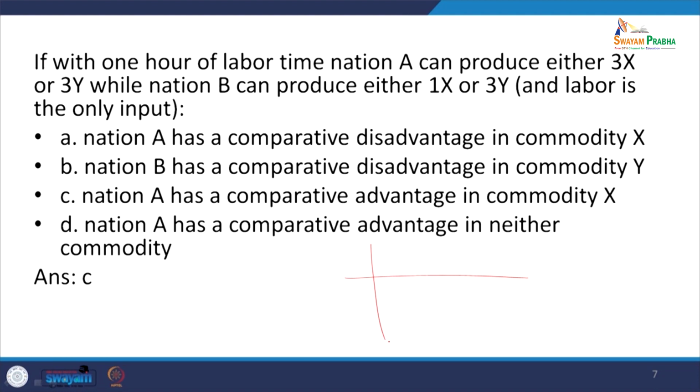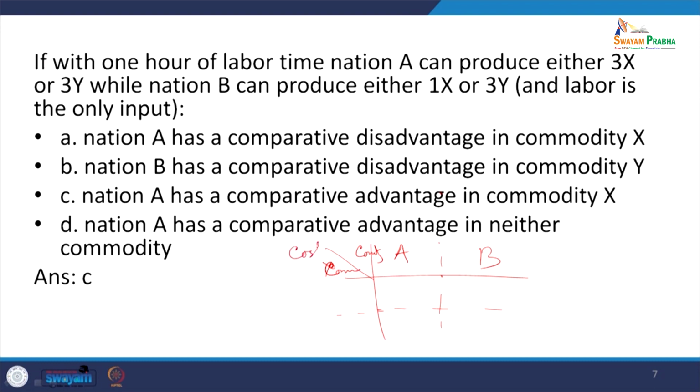Make a table to identify the individual countries A and B, with commodities and unit labor.